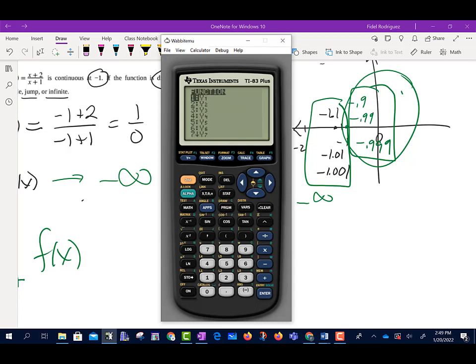Let's go to function, third one, and let's type in, say, -0.9. Okay, well, 11. Okay, let's try y vars again, function, third one, -0.99, 101. Okay, so what's going on with my y values?